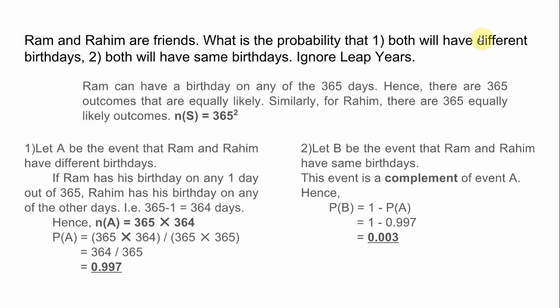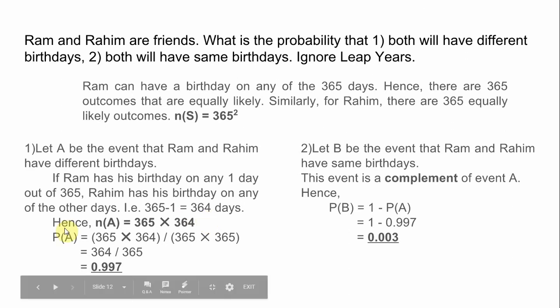Let A be the event of both the friends having different birthdays. If Ram has his birthday on any one day out of 365, Rahim has his birthday on any day other than that day, that is 365 minus 1, 364. Hence, the number of outcomes is 365 into 364. The probability is 0.997.